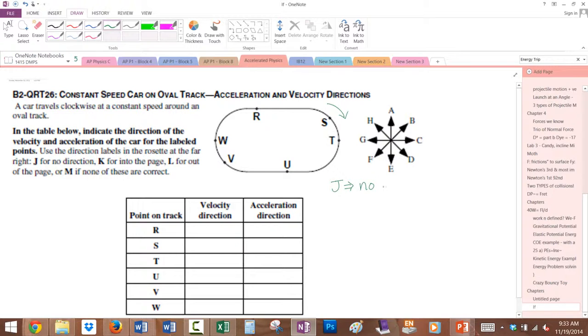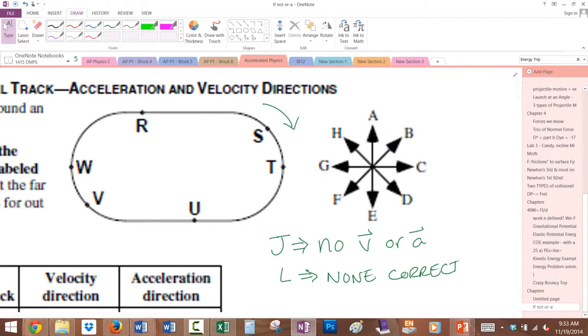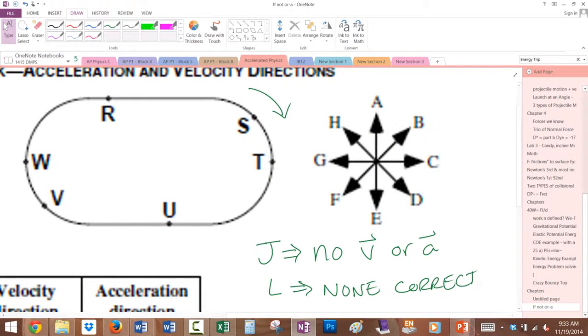I'm going to give you a minute to work on that by yourself, and then we'll discuss it in your groups. Again, it's moving clockwise around the track. This was a thinker question.